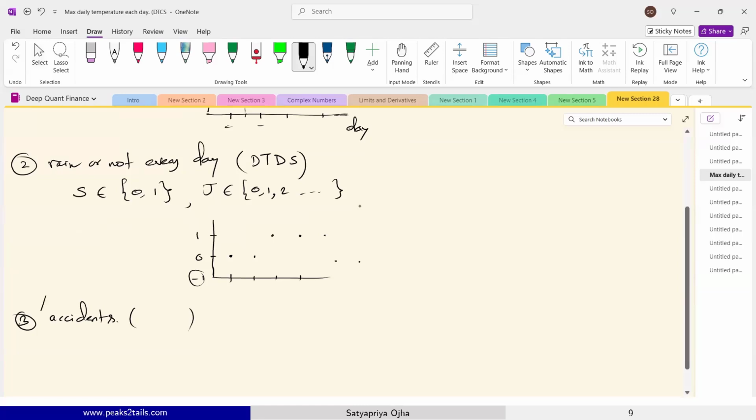Number of road accidents. Okay. Arca says continuous time, discrete space. Any other answer? Continuous time, discrete space.